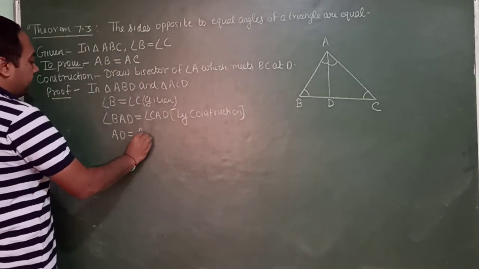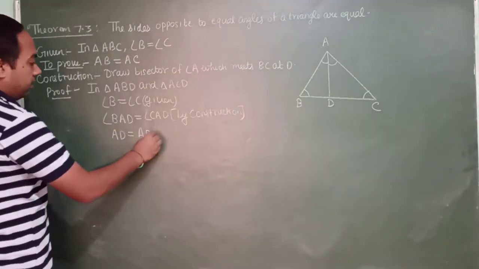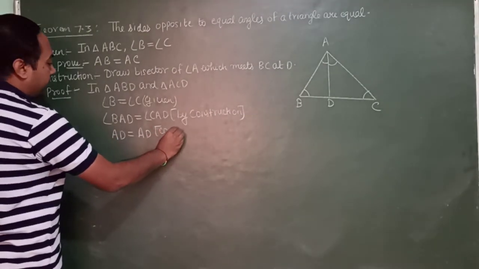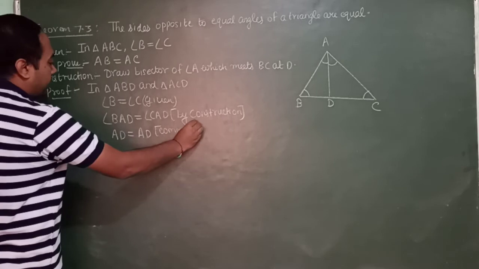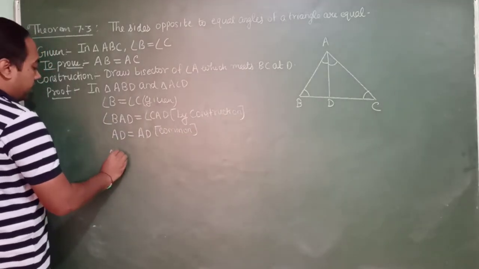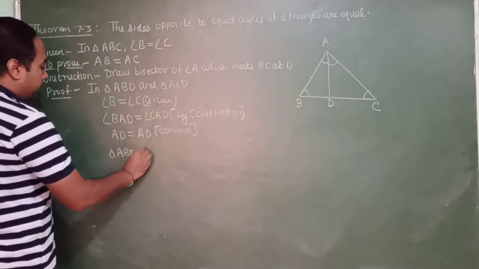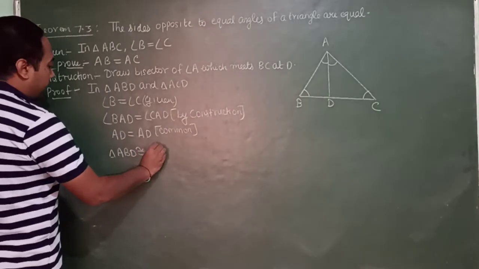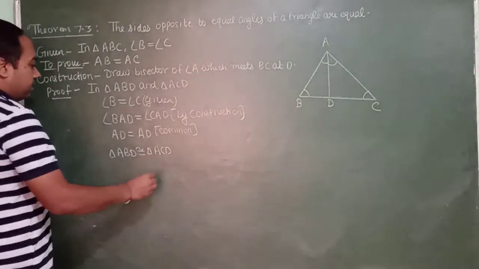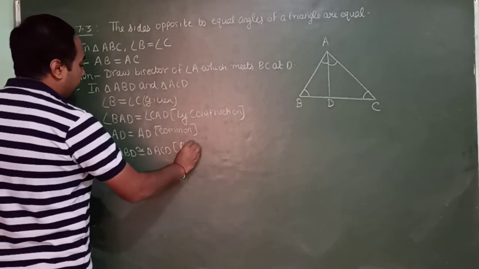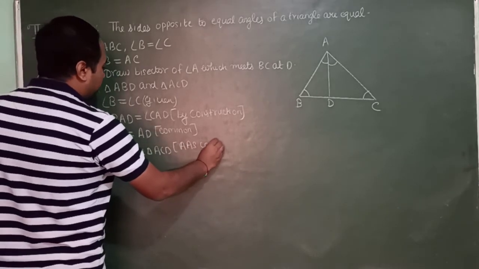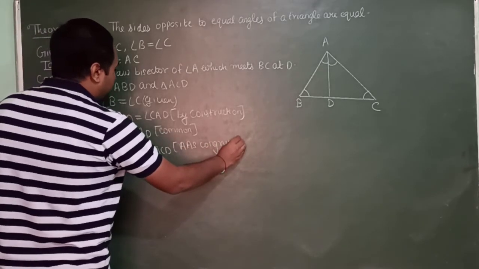AD is the side which is common in both the triangles, common side. So finally you can write both the triangles are congruent, triangle ABD is congruent to triangle ACD, and the reason is by angle angle side congruence rule.